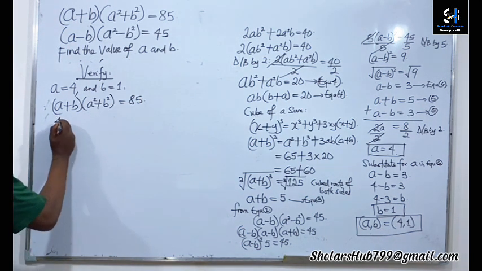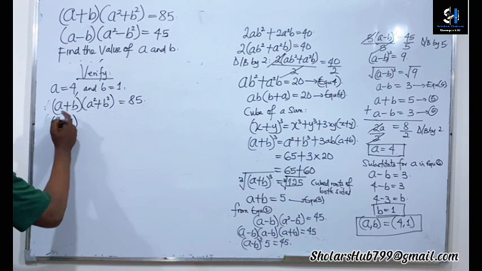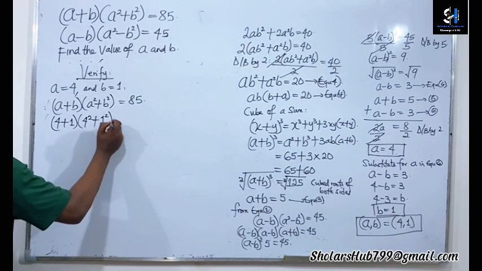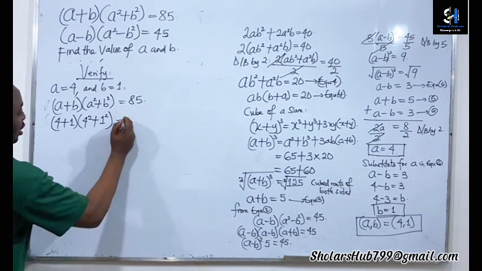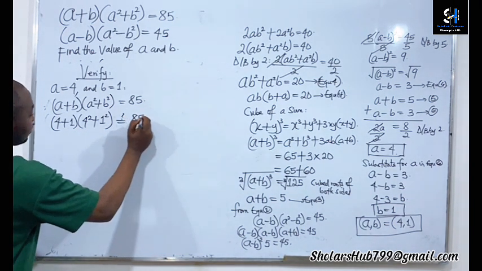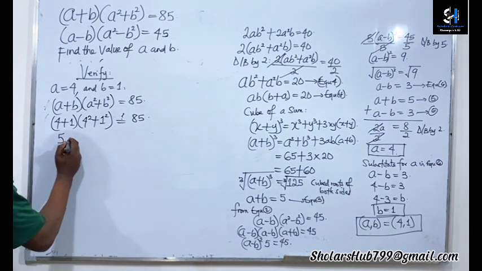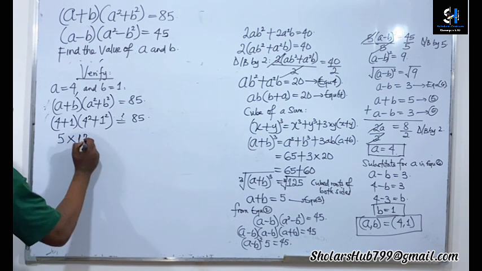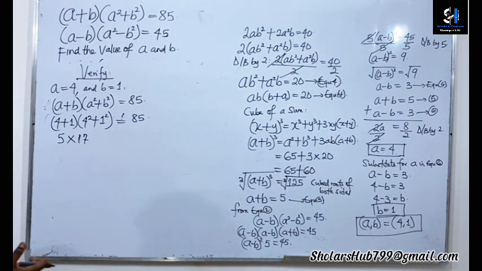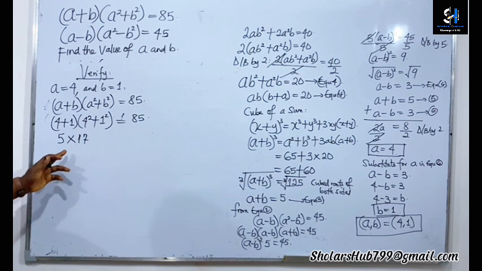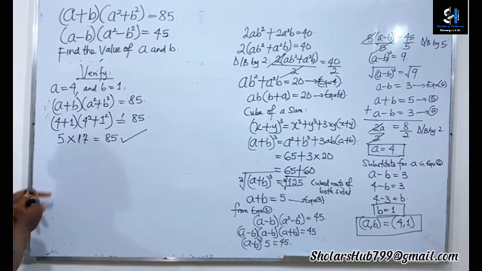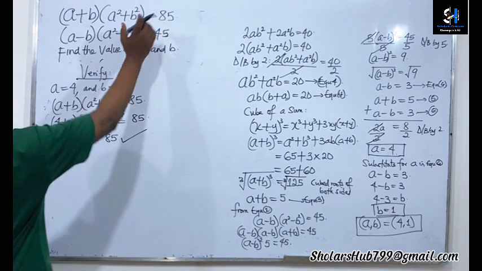Now a is 4 and b is 1, so this will be (4 + 1) times (4 squared plus 1 squared). Are we going to get 85? This will be 5 multiplied by 16 plus 1, which is 17. If you multiply 17 by 5, we get 85, which means it satisfies the first equation.